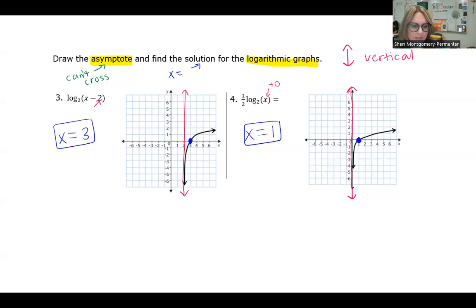So I'm going to give you another 60 seconds, 1 more minute. You might even be able to finish that entire front page. That's it. The solution to any graph is where it crosses the x-axis.